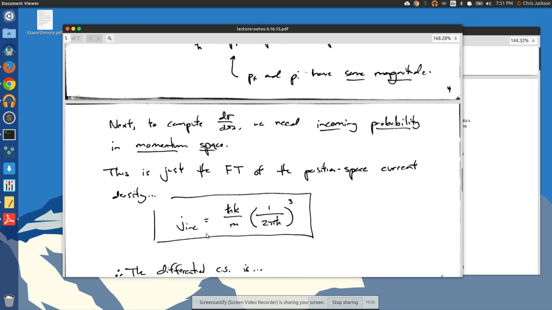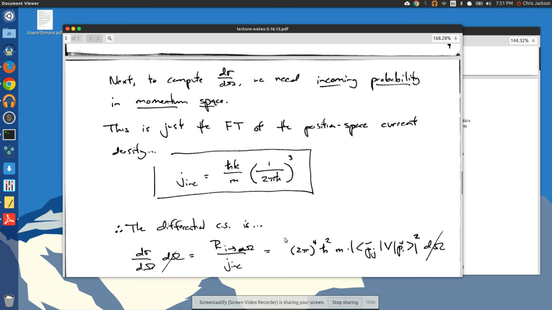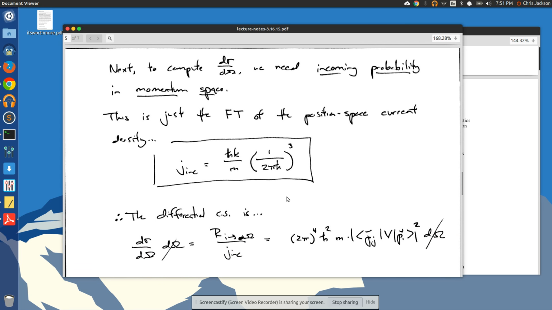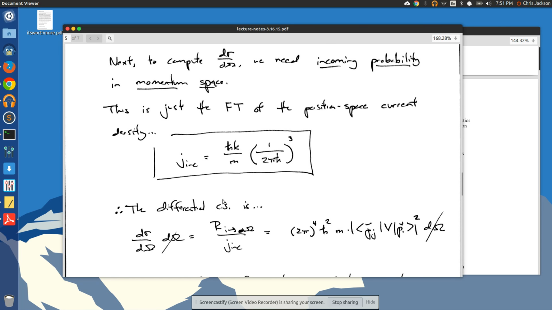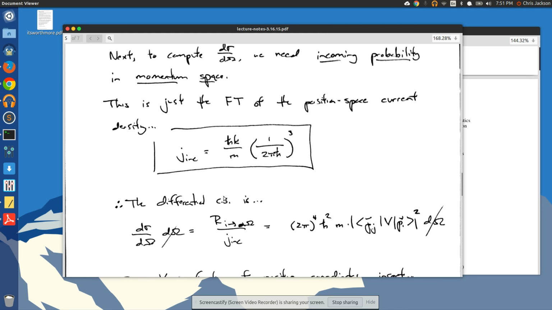And when I do that, I pick up this factor of 1 over (2 pi h bar) cubed, but it's a simple transformation.